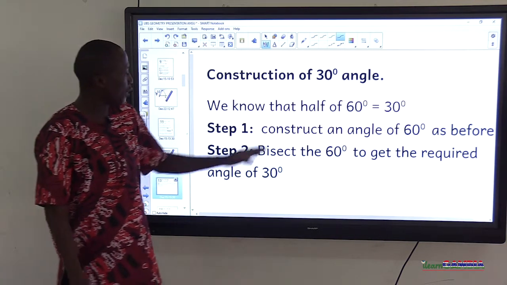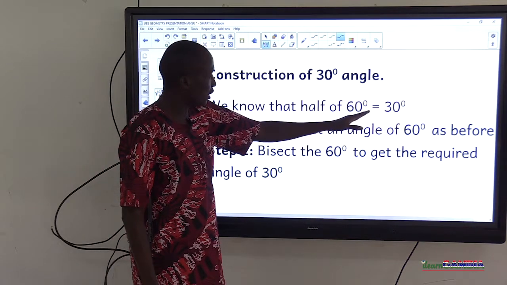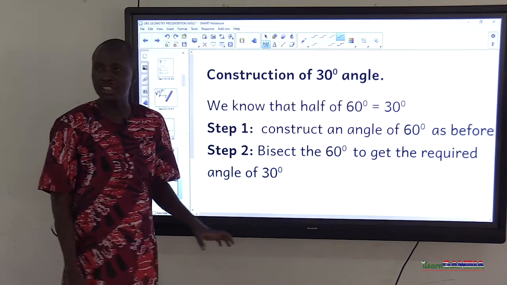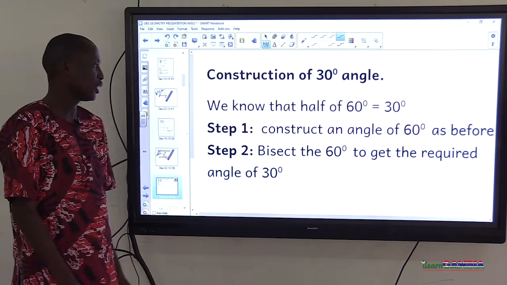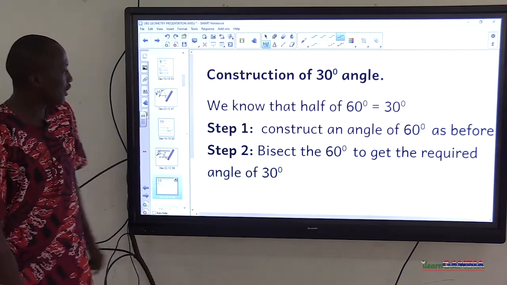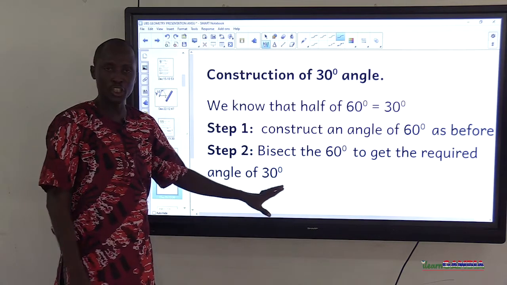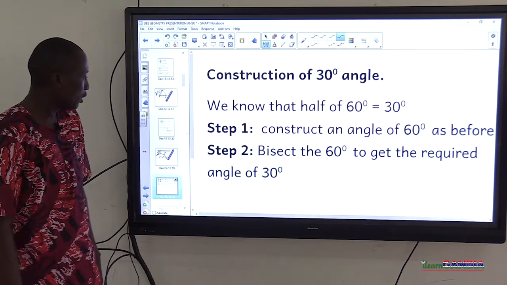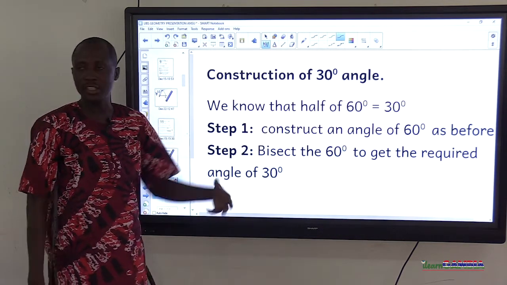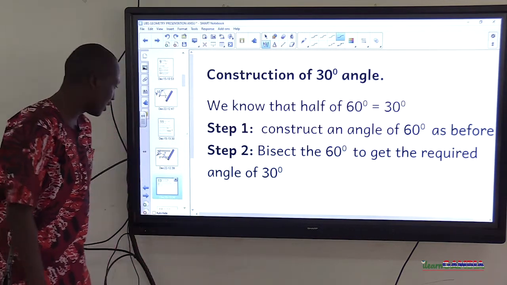So obviously, if I want to get 30 degrees, the best thing is to construct 60 and then bisect it. When I bisect it, I will get 30 degrees. So each of the halves of the angle will be 30 degrees, because we know half of 60 is 30 degrees.